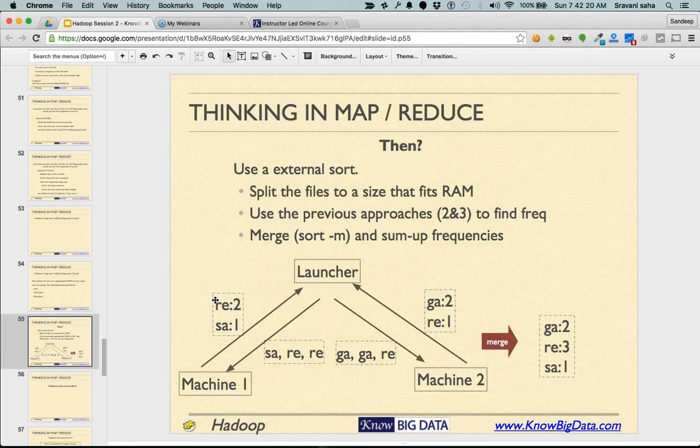You can see Ray has come before Sa and Ga has come before Ray. So it's very important to note that we let machine 1 and machine 2 both independently order the data, do the word count, and give us the result in ordered manner, not just the frequencies with no order.